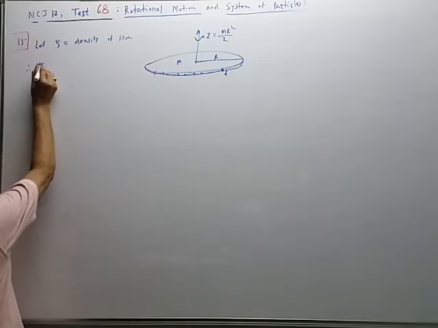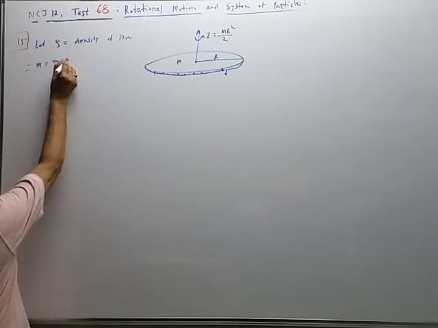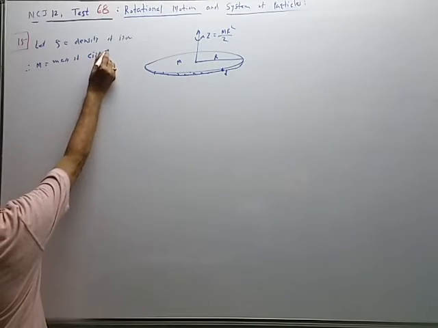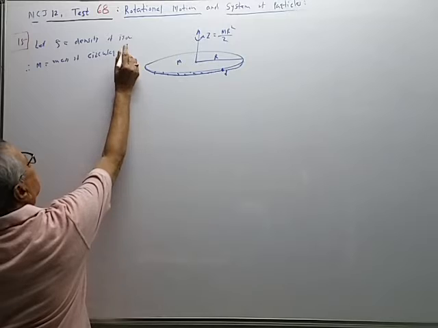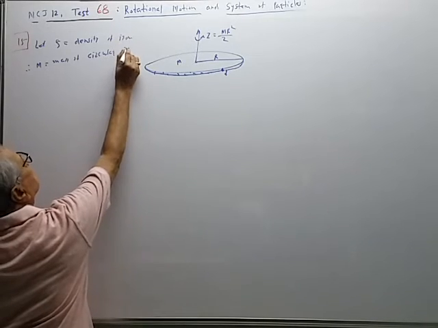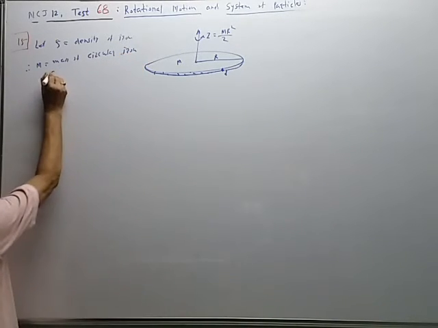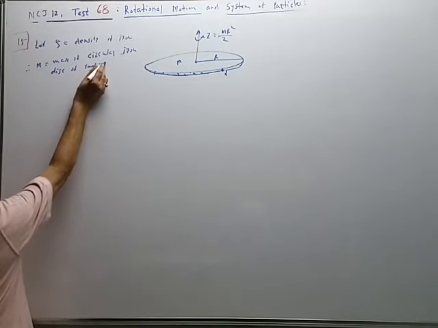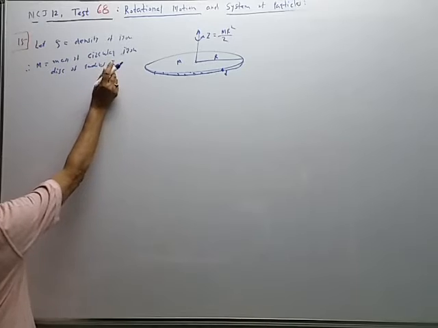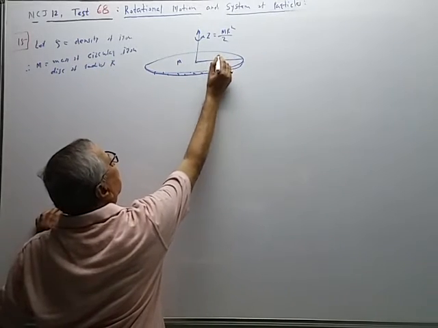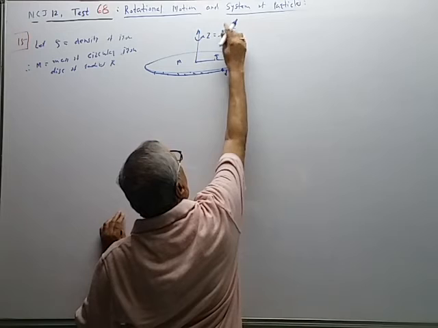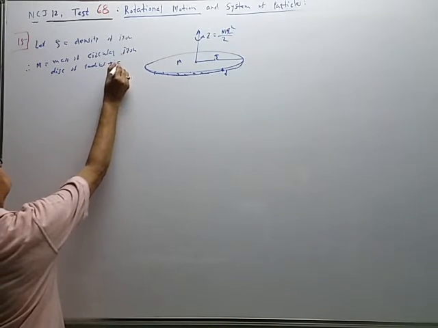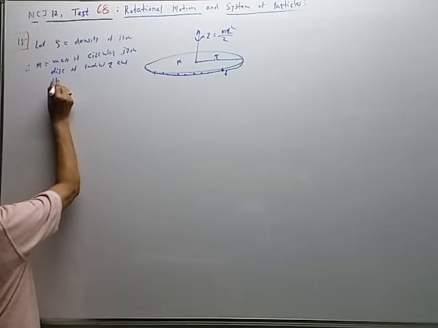Therefore, m is equal to mass of the circular iron disc of radius small r and thickness T.